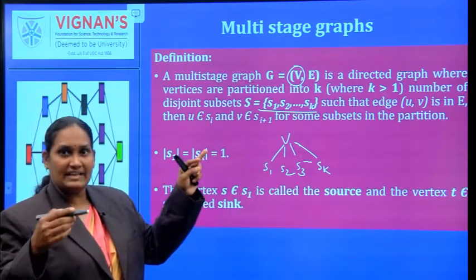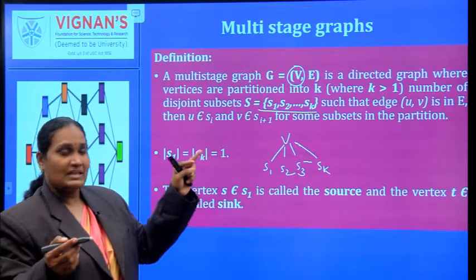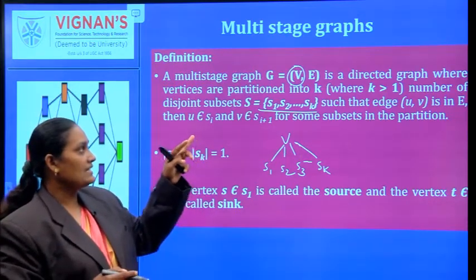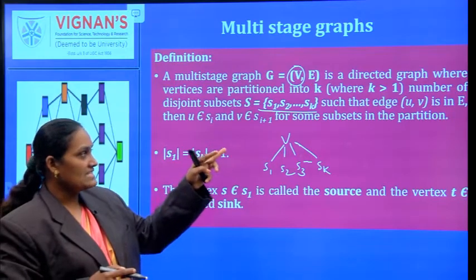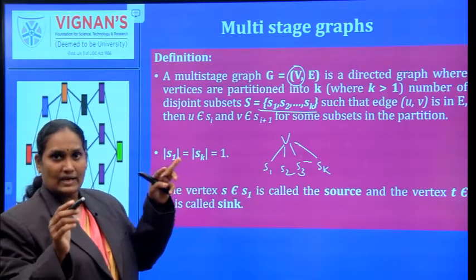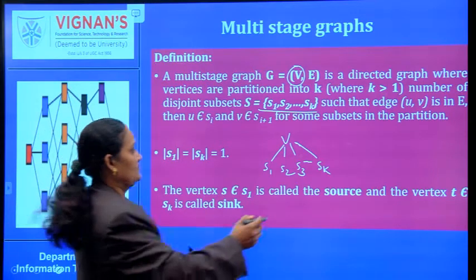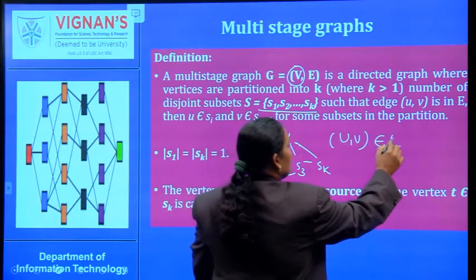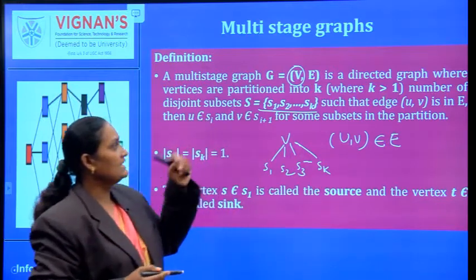So how are we dividing them into subsets? Those subsets should follow this condition. Edge (U, V) is in E. Here we are considering one edge from the set of edges; (U, V) is an edge selected from the set of edges E.